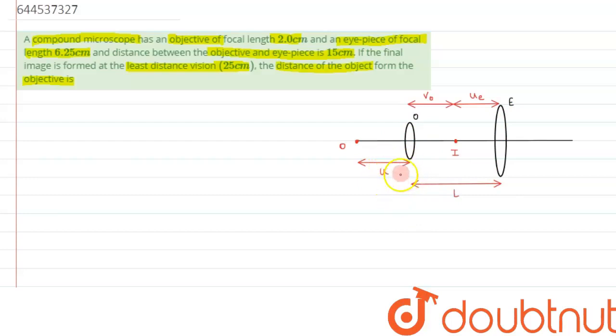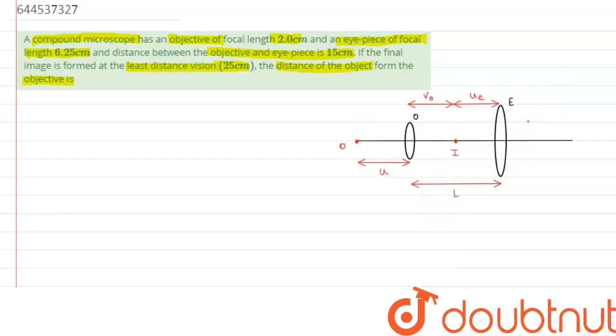The working is simply this: light comes from the object and is incident on the objective lens, so it forms an image in between the objective and eyepiece lens, and this image will serve as an object for the eyepiece, and finally the eyepiece will form an image. Alright, so this is how the working of the compound microscope goes.